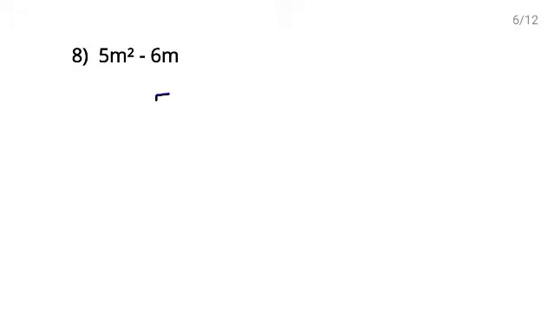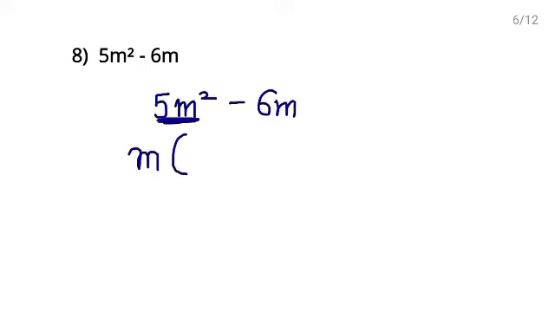Next question number 8. 5m square minus 6m. Again m can be taken common, so I am taking m outside the bracket. Now 5m square was there, but you have taken m only, so numerical factor will remain same, and m you have taken outside.